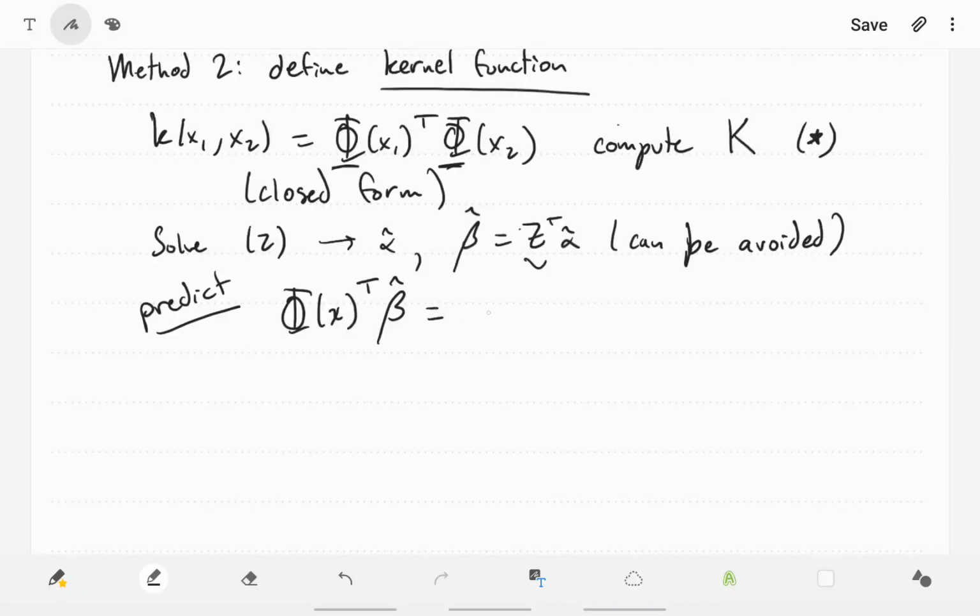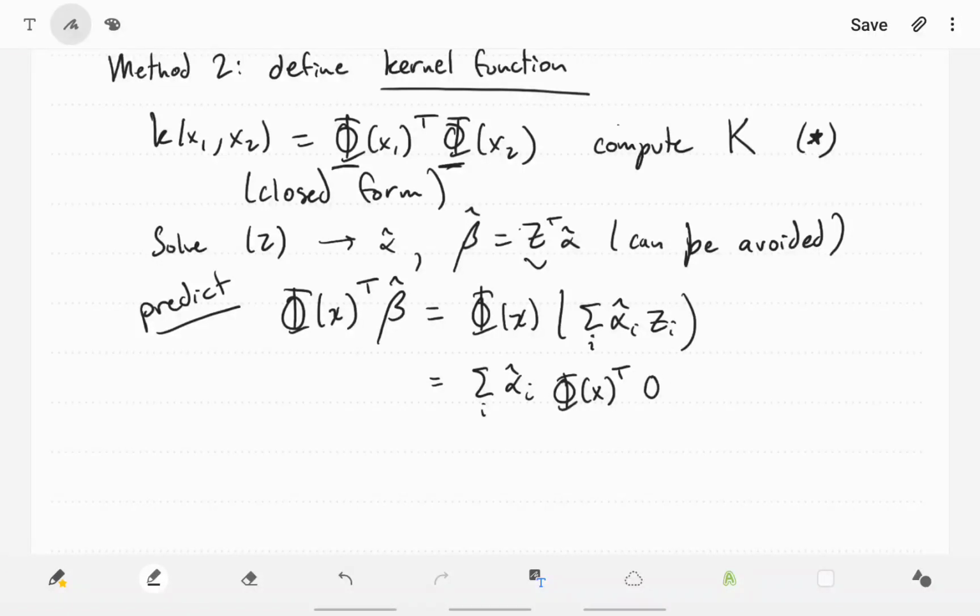But let's think about what this is. That's equal to phi of x times the sum over i of alpha hat_i Z_i, right? But that's equal to the sum over i of alpha hat_i phi of x transpose Z_i, but Z_i is phi of x_i, right?